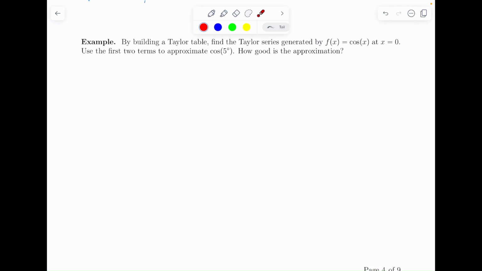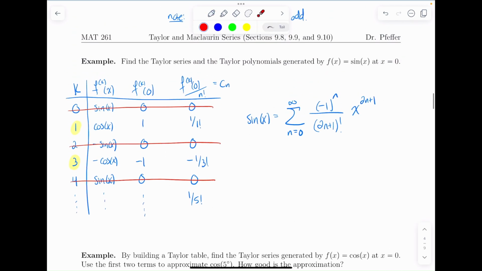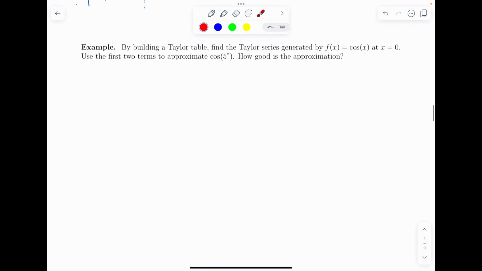For starters, if you carry out this exact procedure we did up here, but instead of sine, you did it with cosine, I encourage you, pause the video and do that. It's a good little exercise. But the first thing we'll have is, we'll come to this conclusion.